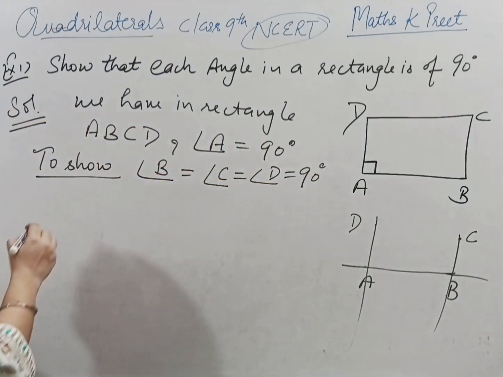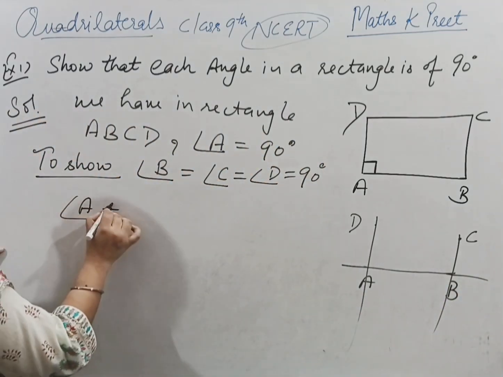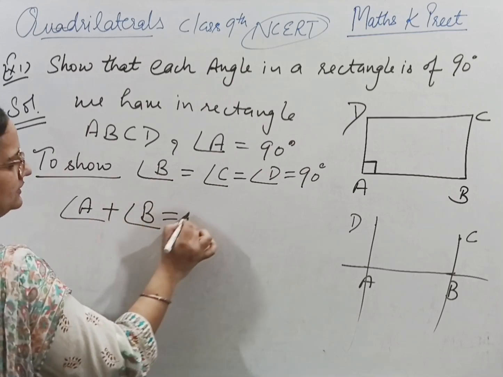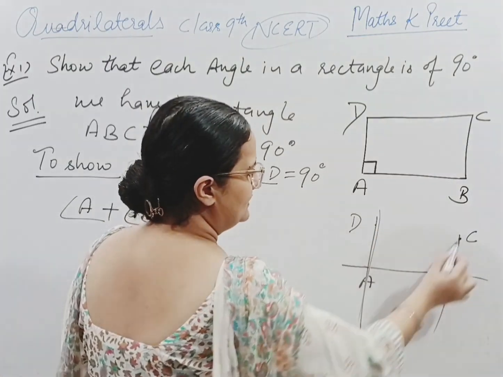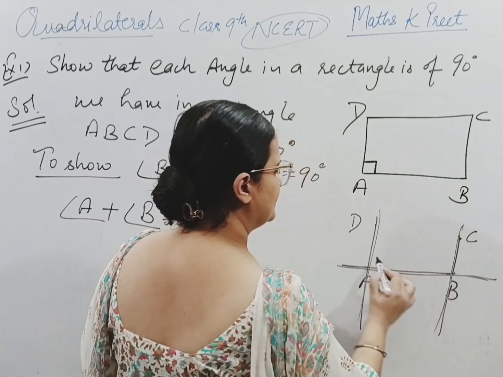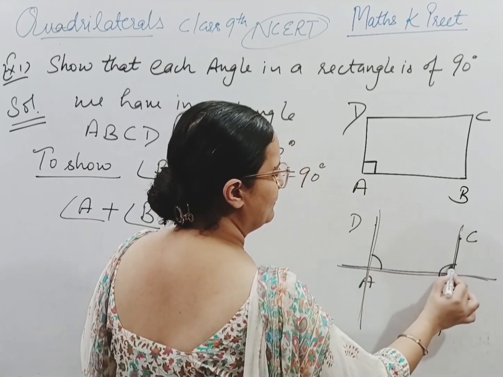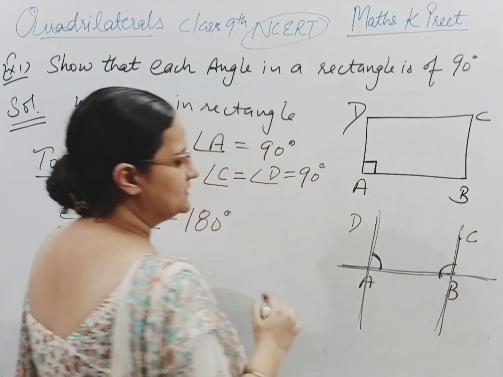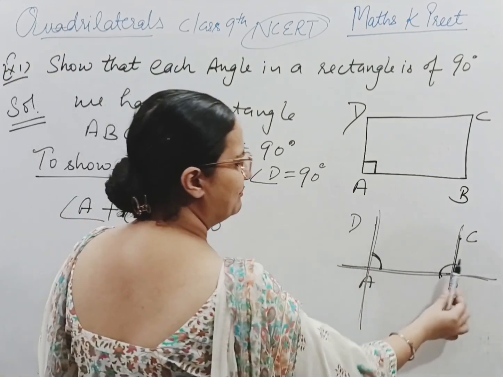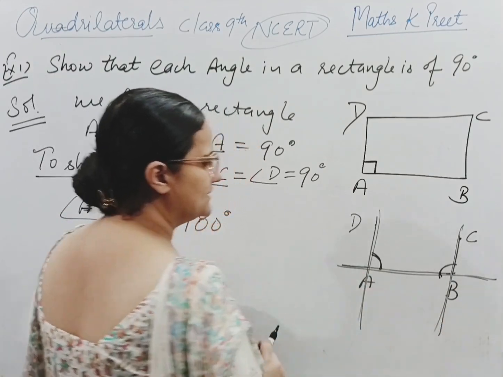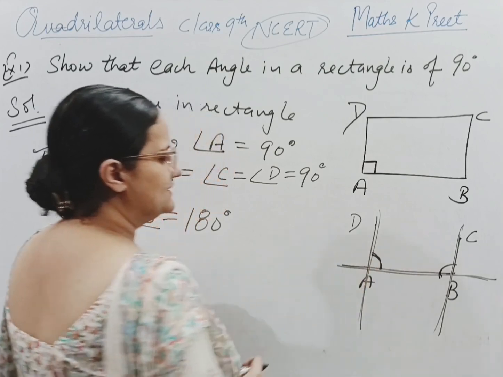So I can write angle A plus angle B gives a sum of 180 degrees. How? If these are two parallel lines and this is acting as a transversal, then these two angles are co-interior angles, and the sum of co-interior angles is 180 degrees when two parallel lines are intersected by a transversal.